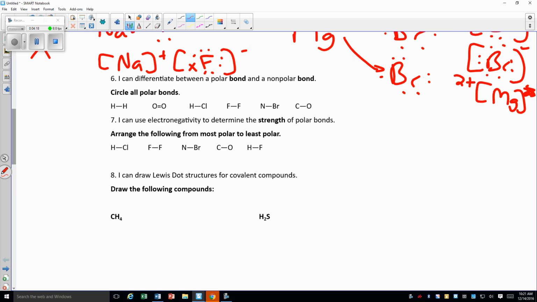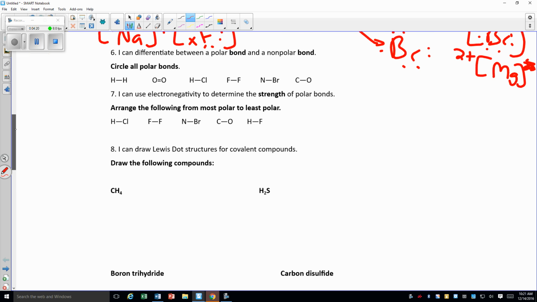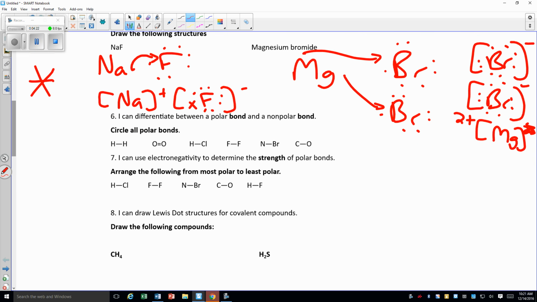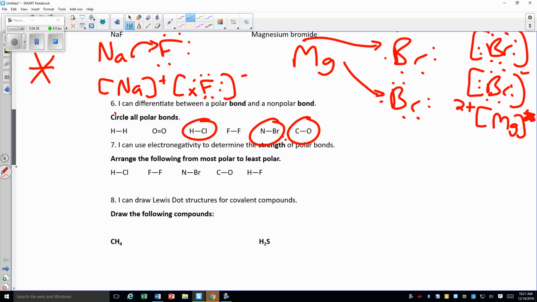Polar bond and nonpolar bond. For the purposes of this class, for number 6, if it's different, it's polar. Different, different, different. Now in number 7, it's going to turn out that me choosing NBr might not have been the best choice.